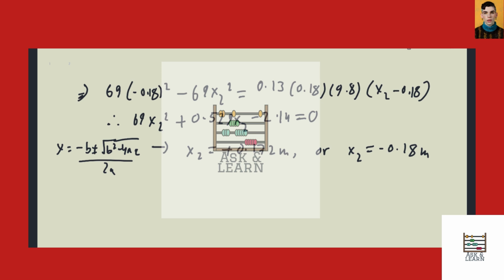Since x2 has to be positive, we know this is the answer. Also, minus 0.18 meters would mean the initial position, which means zero displacement, so we don't want that. Therefore, the answer is x2 equals plus 0.172 meters, or 17.2 centimeters, and that's it.